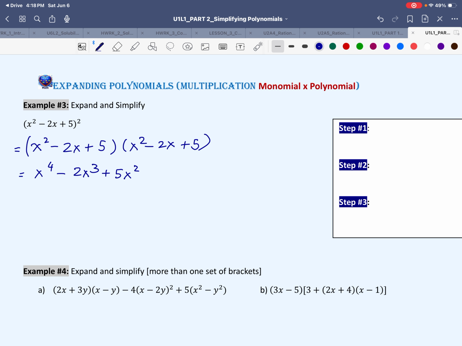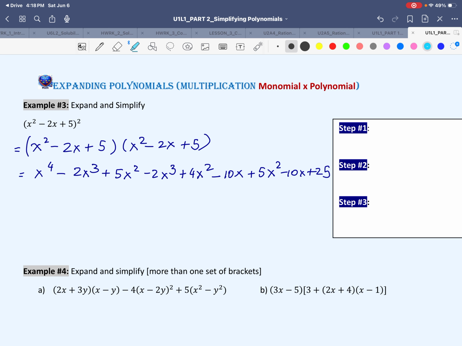Now we have negative 2x multiplying x squared, negative 2x cubed, negative 2x times negative 2x will make positive 4x squared, and then negative 10x. That goes for these two. Now we're going to do 5 multiplying every term here. So we have plus 5x squared minus 10x plus 25.